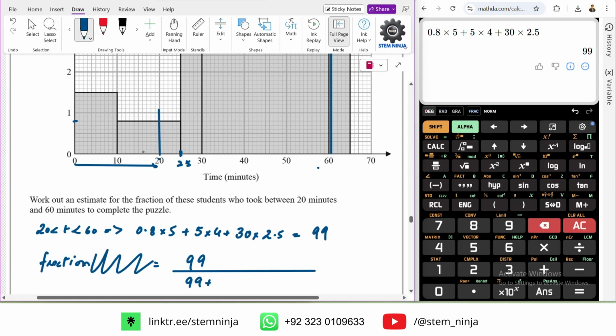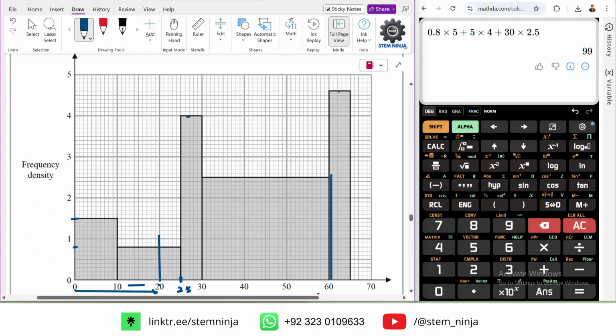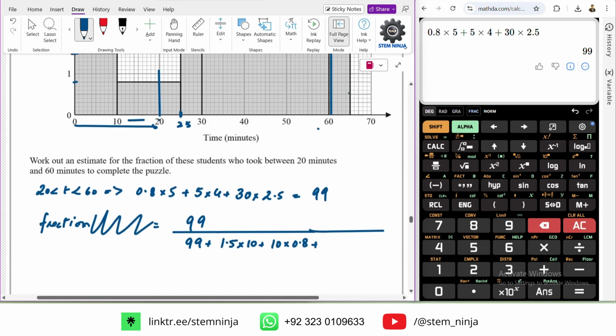99 plus 1.5 times by 10. This is 10 times by 0.8. And this is 5 times by 4.6.